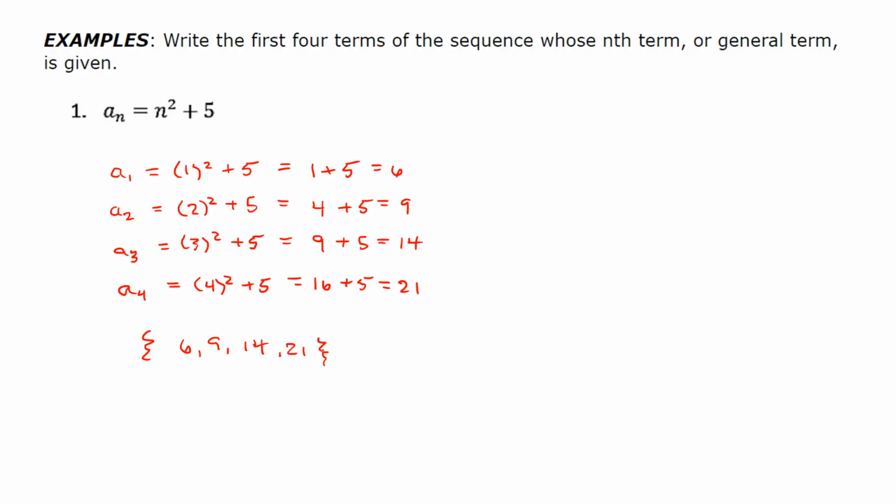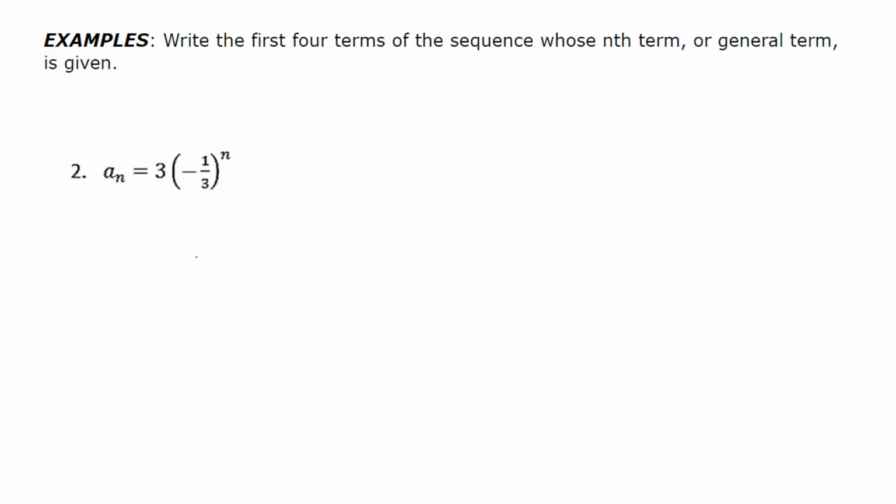Okay, let's do the next one. A subscript n equals 3 times negative 1/3 to the power n. So we'll find the first term by substituting in 1 for n. And then the second term, substituting in 2 for n.